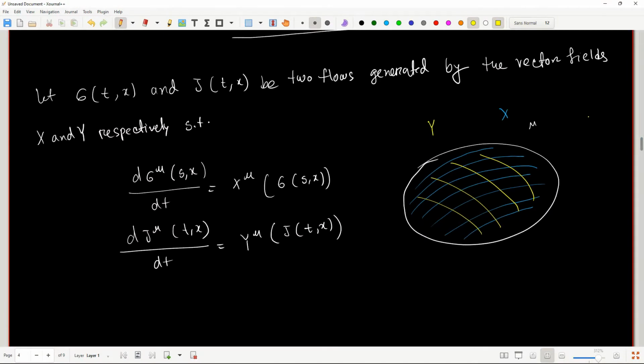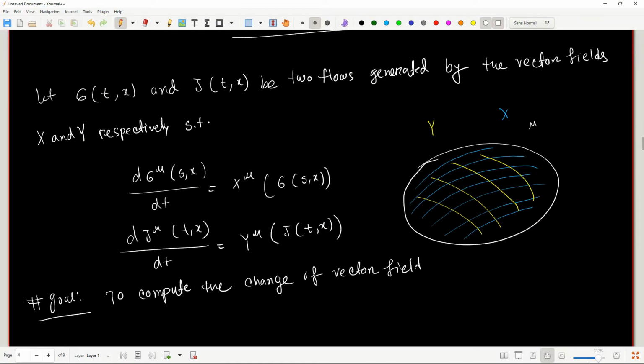So if I write it down, our goal is to compute the change of vector field y along the flow direction of x, and we denote this as this symbol.